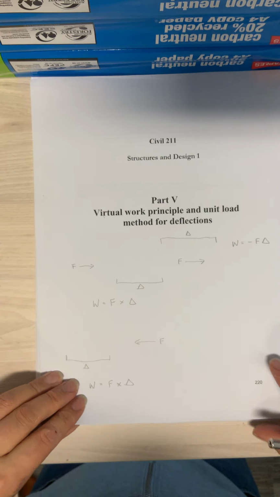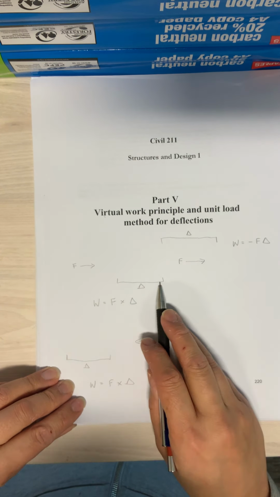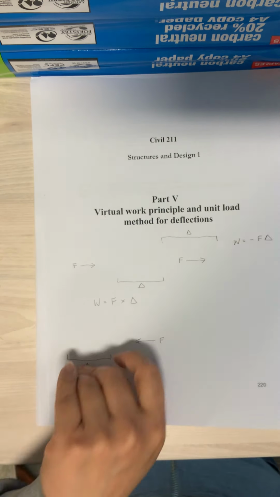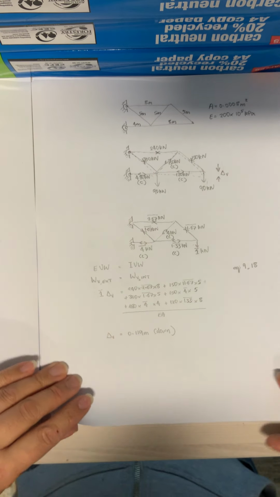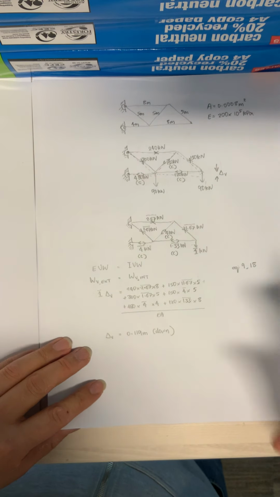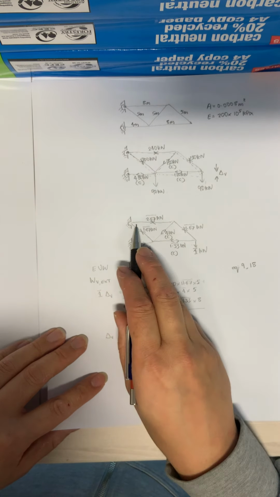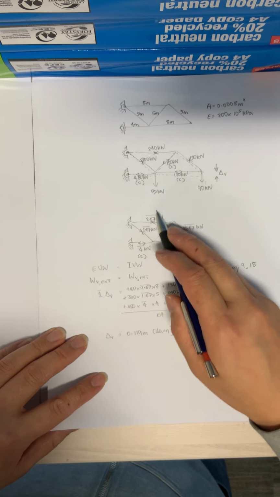So we were saying right at the start that if the force is acting in the same direction as the deflection, then that's positive work. So we can see in this example, going back to the first one here, that this force and this one here, they're both the same.